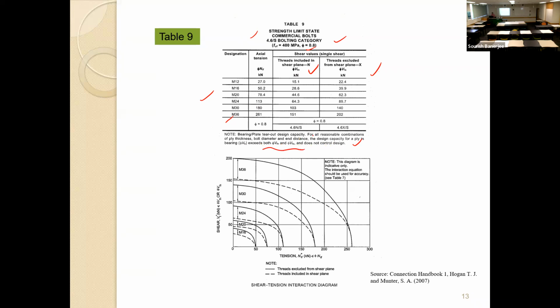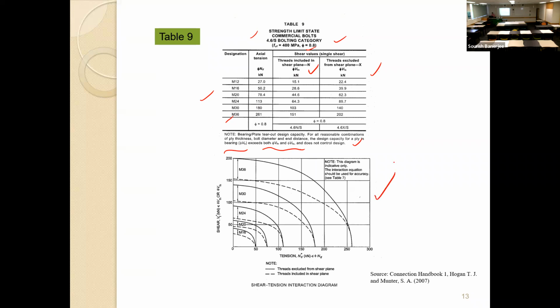That means it is the bolt strength that limits, the capacity of the bolt that actually governs the design, not the design capacity of the ply in bearing. So it's an important note. If you use reasonable combinations of ply thickness, bolt diameter, and end distance, then it is the bolt capacity that governs the design of connections.